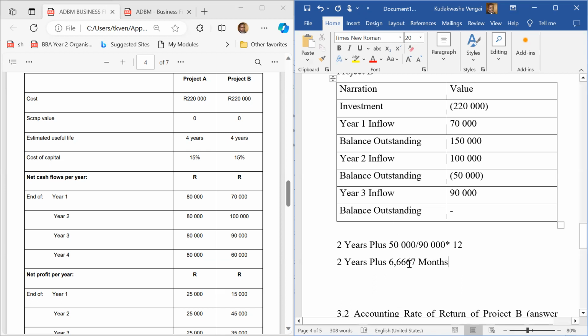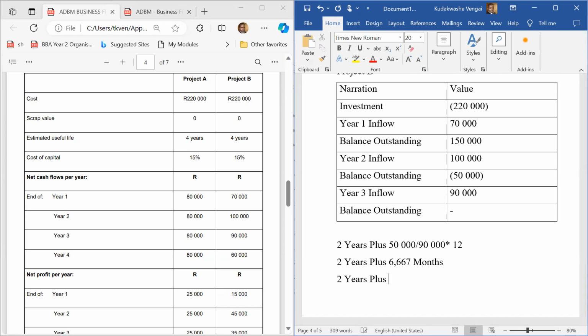That's my months there, but I need to convert the fraction of a month to days.